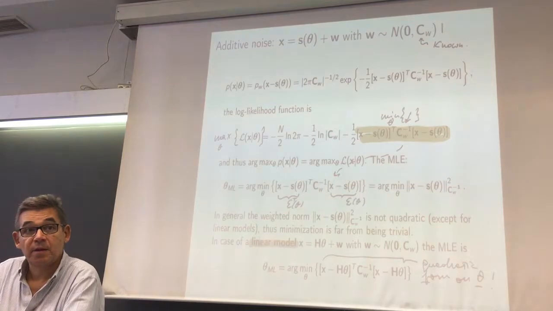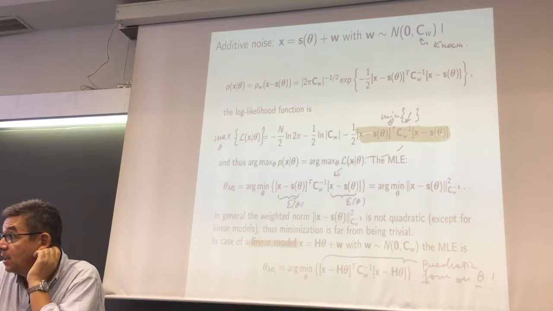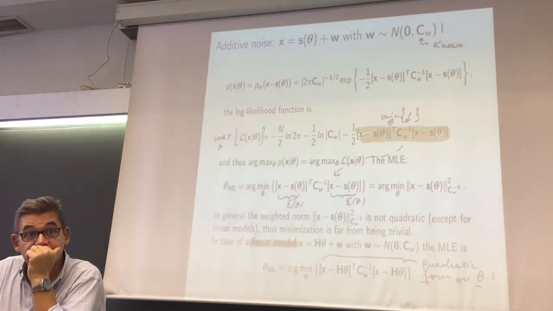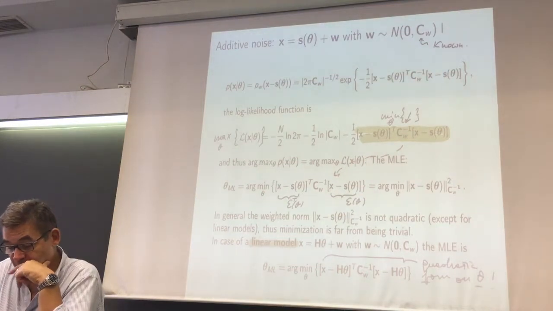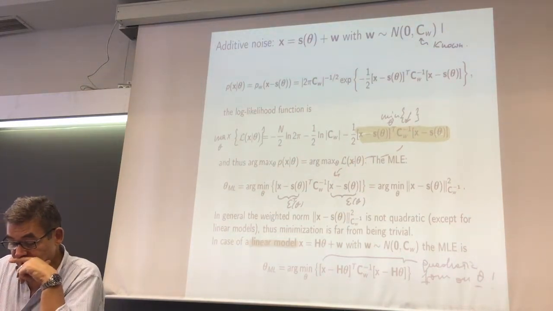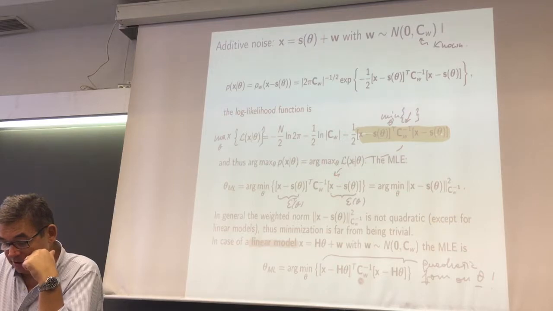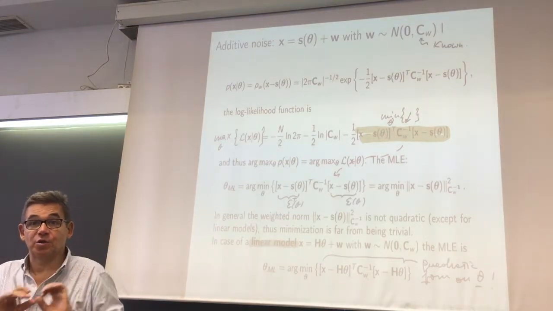That means that if the model is linear, then the maximum likelihood is equivalent to minimizing the quadratic form associated to the problem, where the matrix in the center, which weights this difference, is taken by the inverse of the covariance of the noise.